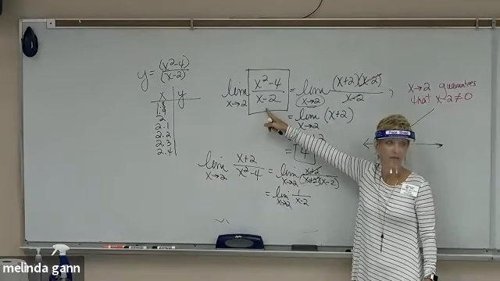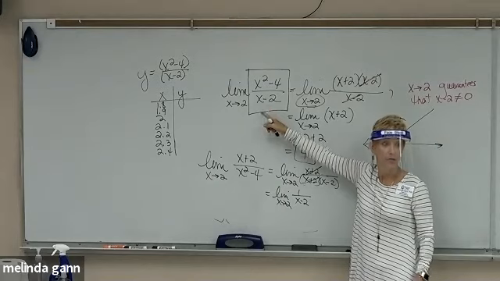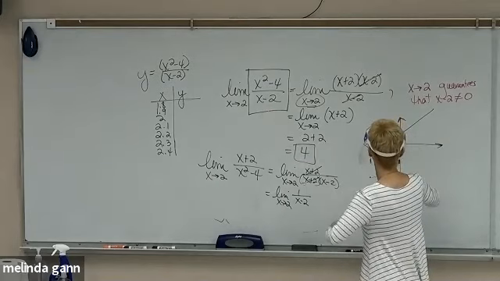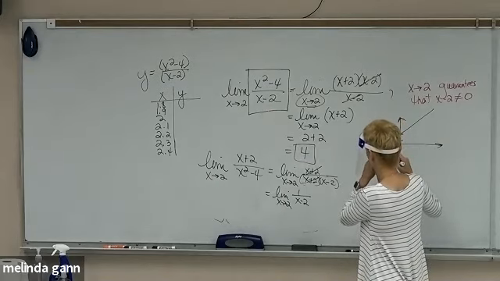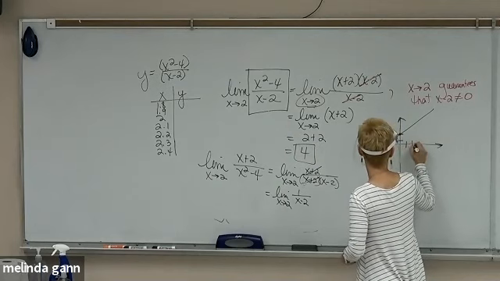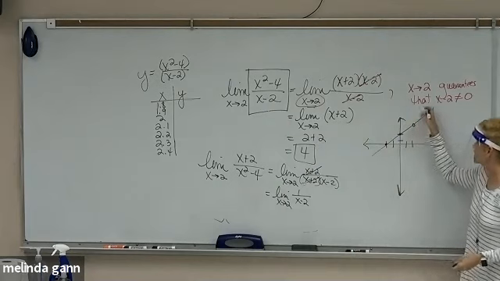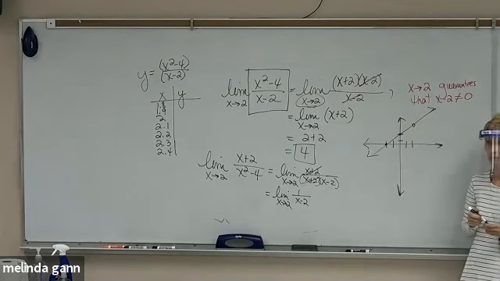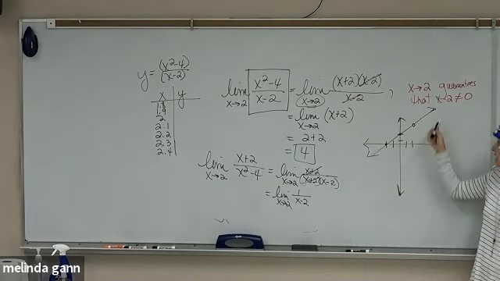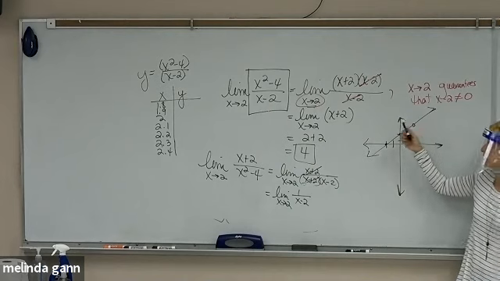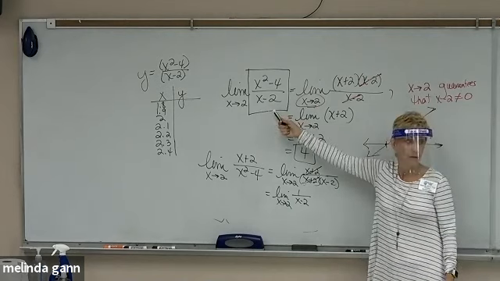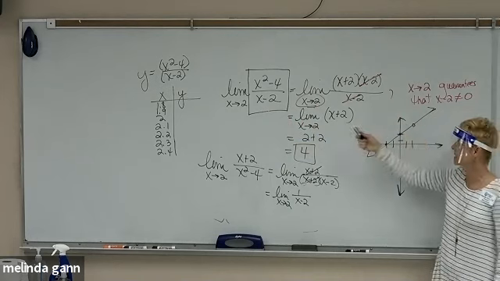What can x not be in that function? 2. That's the graph of that function. It's a line with a hole in it. When the hole is filled in, it's that line.